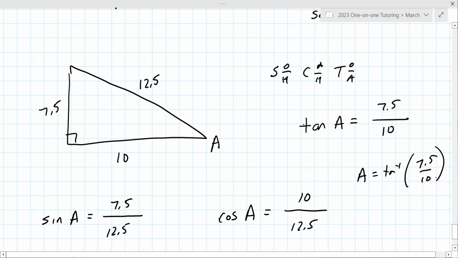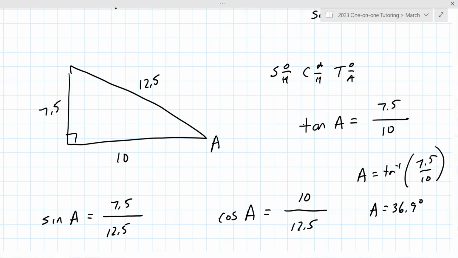Clear function, tan minus 1, back to main, 7.5 divided by 10, which, big surprise, is 36.9. So the angle A is 36.9.